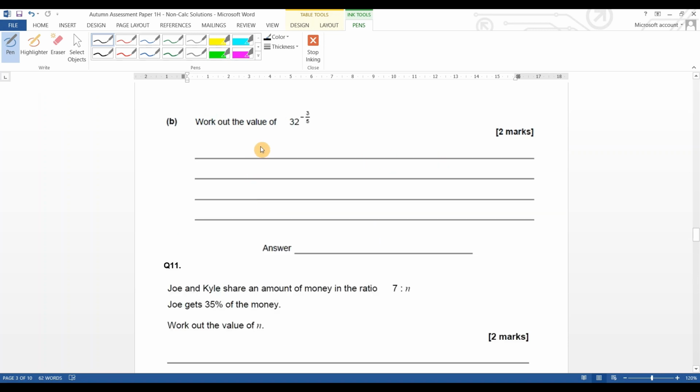Part B, work out the value of 32 to the power minus 3/5. Well, okay. Anything to the power minus, or negative power, sorry, is going to be a reciprocal, or 1 over the amount. So it's going to be the same as... 32. No, in fact, it's the same as.